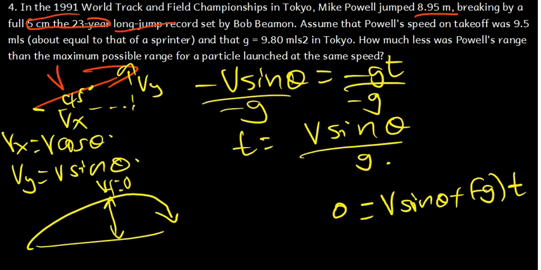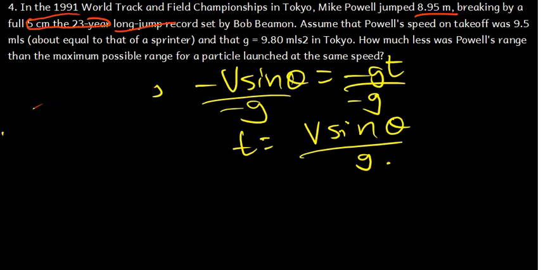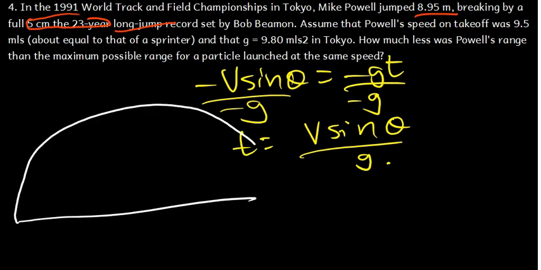Now from here, what we have to understand is this t. If we check our trajectory, it starts from this point all the way to this point.